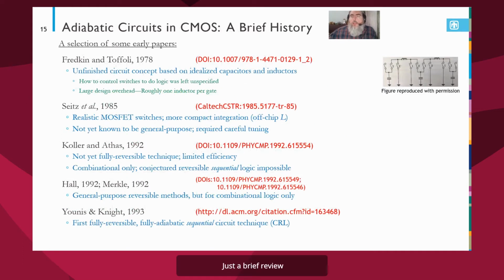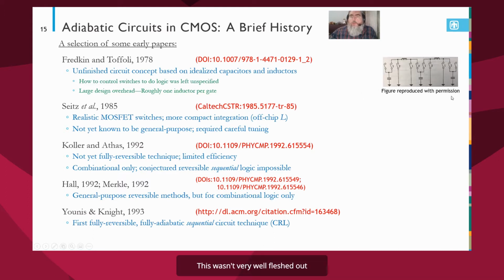So just a brief review of the history of adiabatic circuits in CMOS. This started with Fredkin and Toffoli, who had an early DARPA proposal where they discussed concepts for implementing logic with switching circuits with capacitors and inductors.